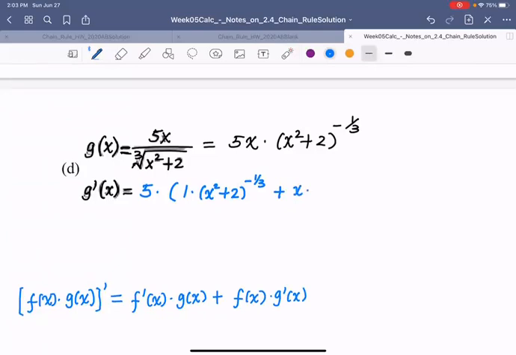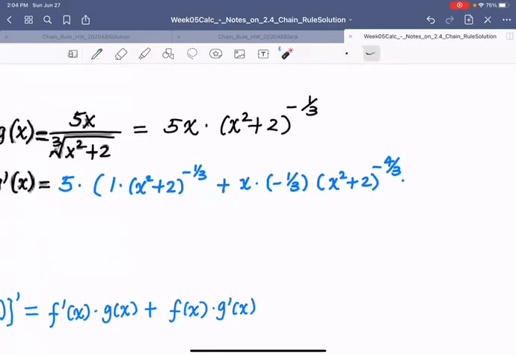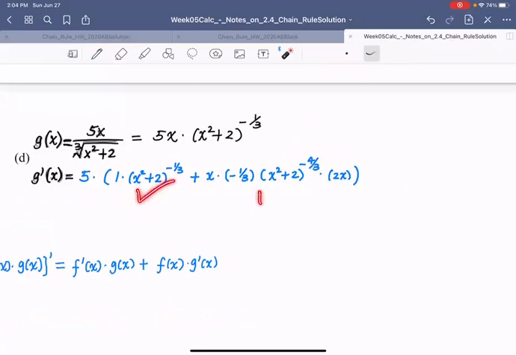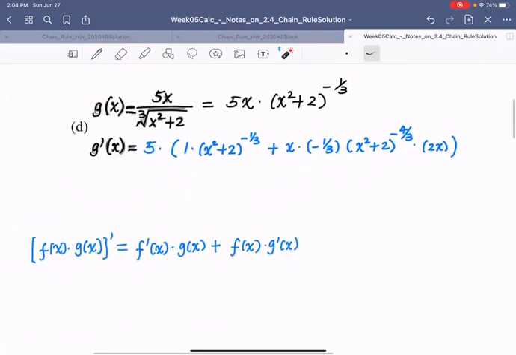And times negative 1/3 times x squared plus 2 to the power of negative 4/3, and times we have to do the more inside one, so it would be 2x. That's right, just 2x. Okay, this is called the product rule. Let's give a try for the quotient rule.